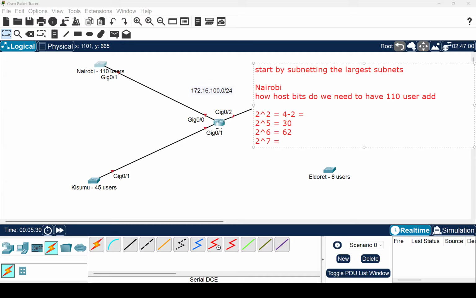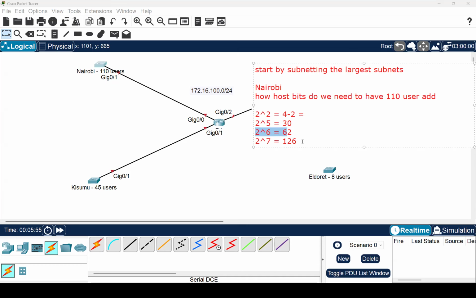Whoever has already done this calculation, 2 raised to power 7 minus 2. 126. I hope that is correct. Now, we know that if we only have 6 host bits, it is not enough for people in Nairobi. Some people will miss network connection. So we can't go with this.